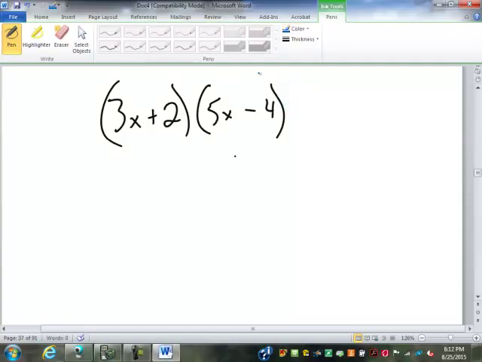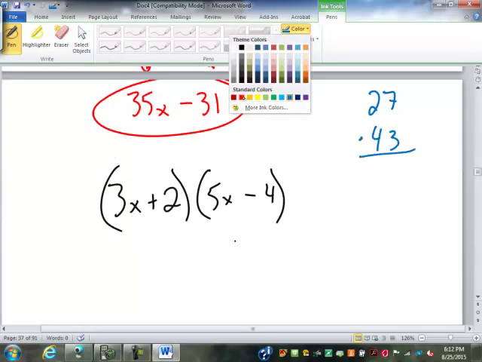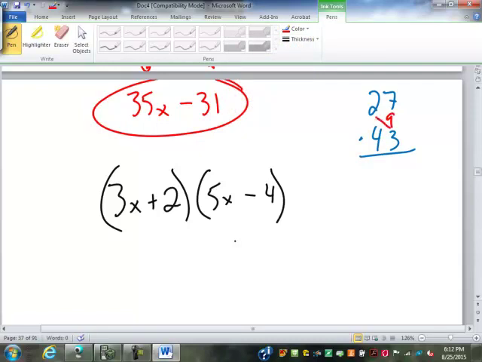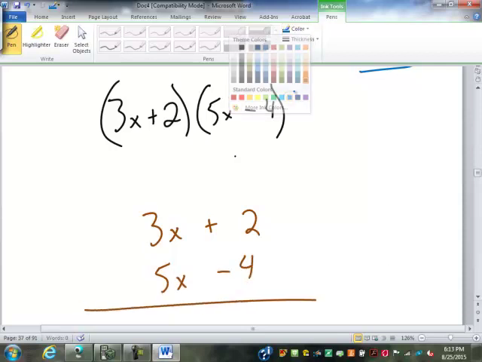This can be done using simple long multiplication. If I had 27 times 43, I would do the 3 times 7, then the 3 times 2, and so on. Well, the same could happen here. Take my 3x plus 2 times 5x minus 4, and I can do my long multiplication.